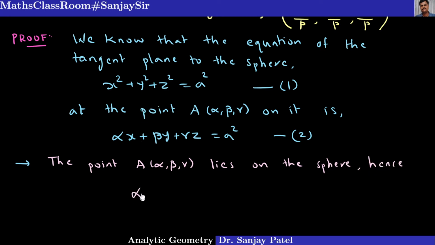So we'll get alpha square plus beta square plus gamma square is equal to a square. Let me write this as equation number 3.